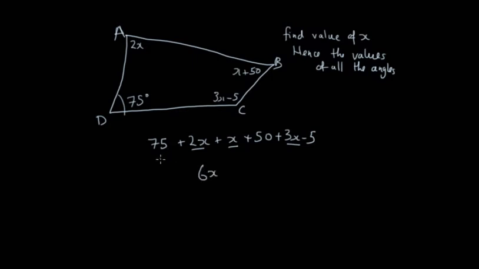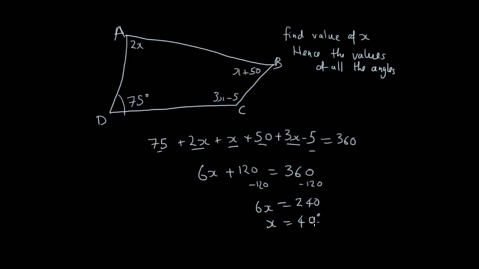And then 75, add 50, minus 5, and that's going to give us plus 120. Oops, sorry, that's equal to 360. Then we're going to deduct 120 from each side. So that's 6x equals 240. Divide both sides by 6. X is going to be 40 degrees.